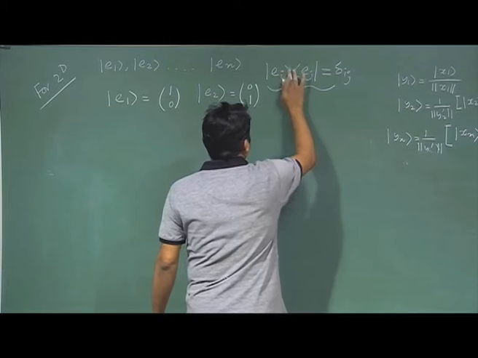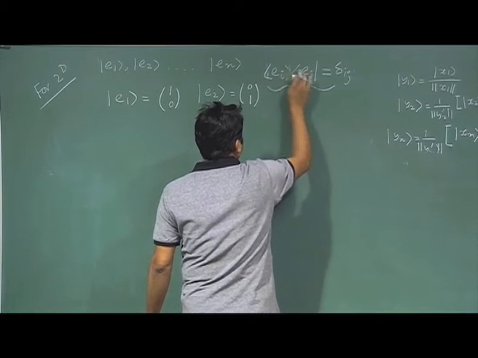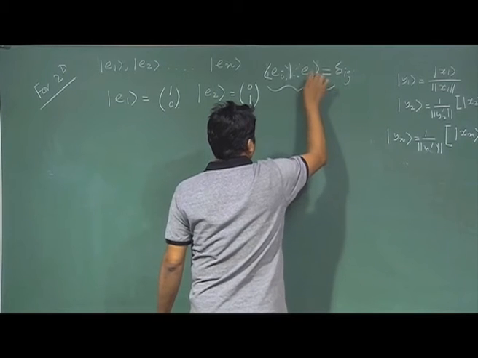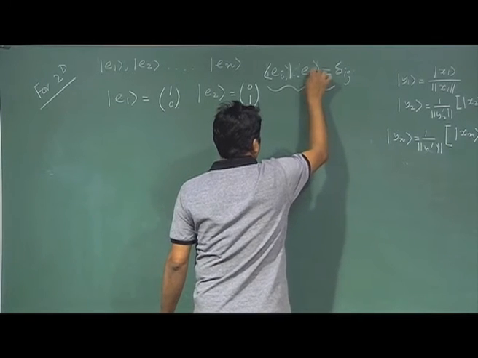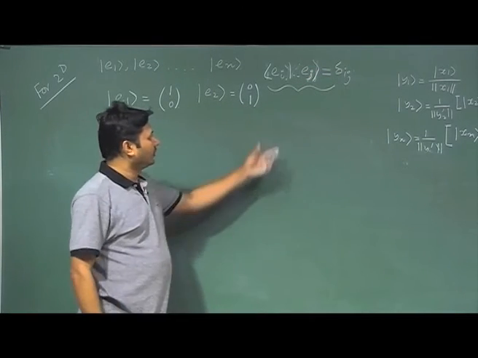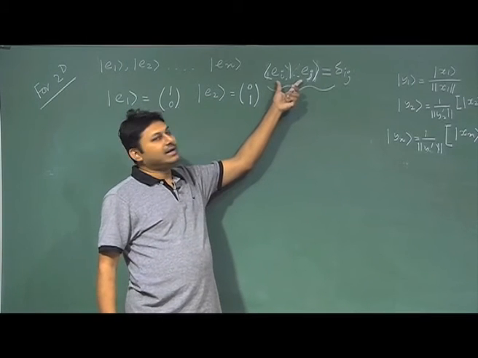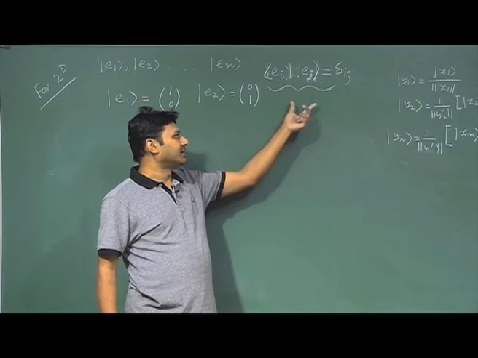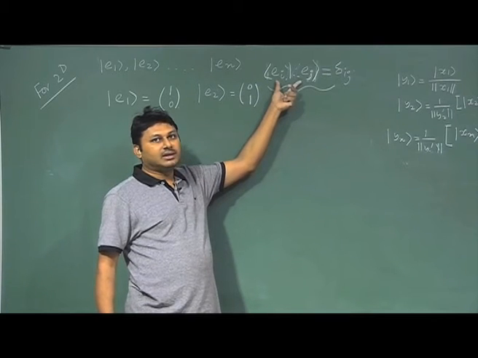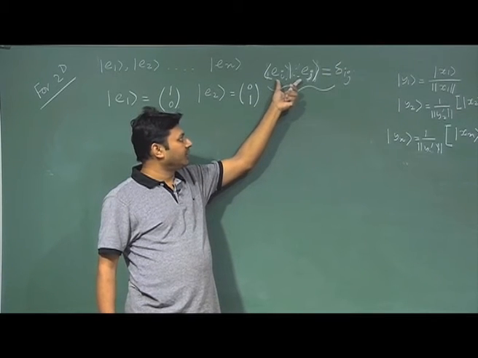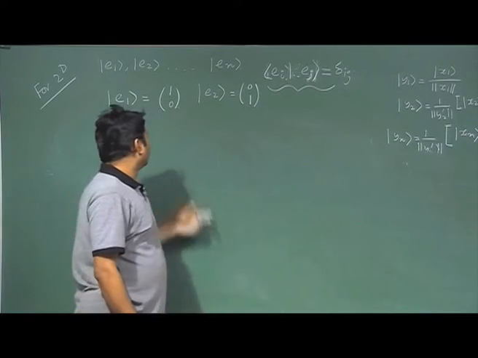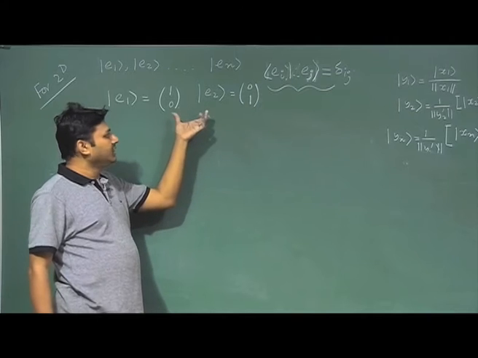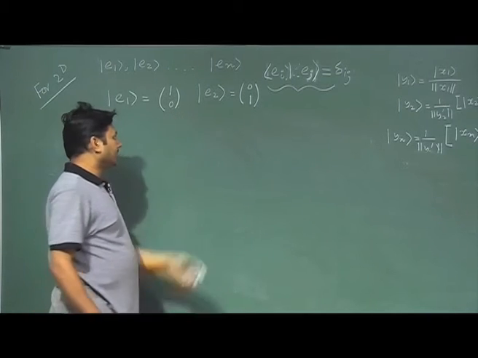Sorry, here I am writing a wrong expression somewhere. It should be something like this. This is the orthonormal condition; by mistake I wrote the projection operator notation. Please note that and correct it. So this is the concept of orthonormal basis, and E1 and E2 are orthonormal to each other.